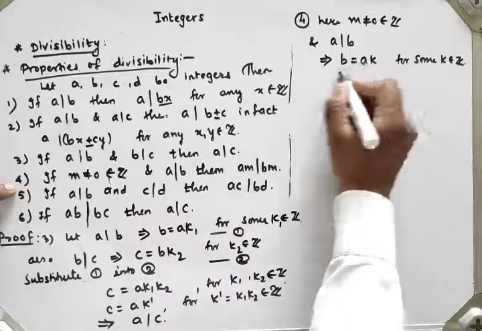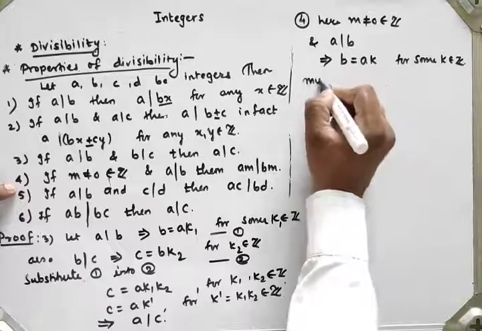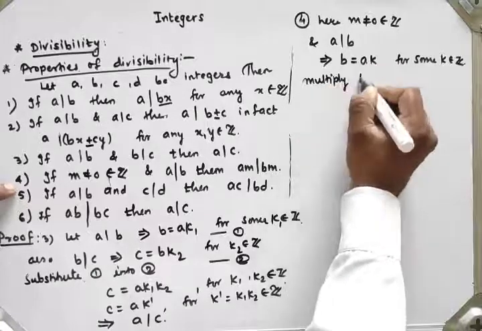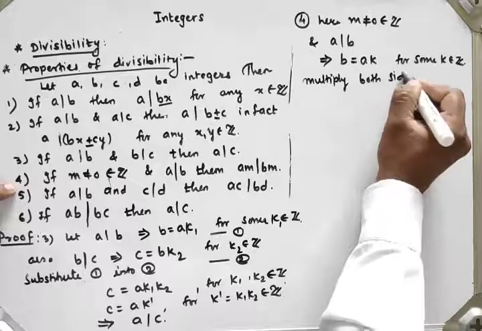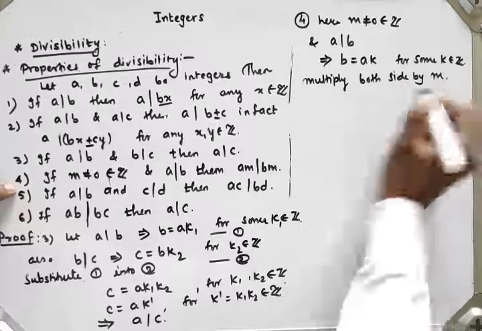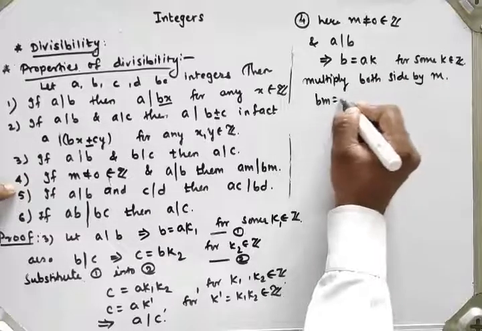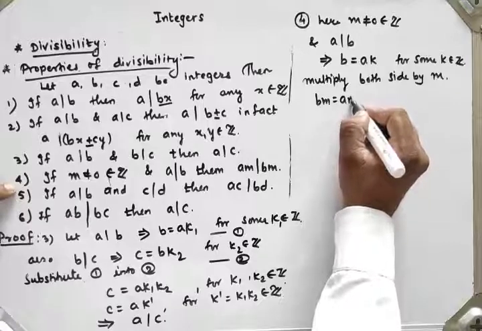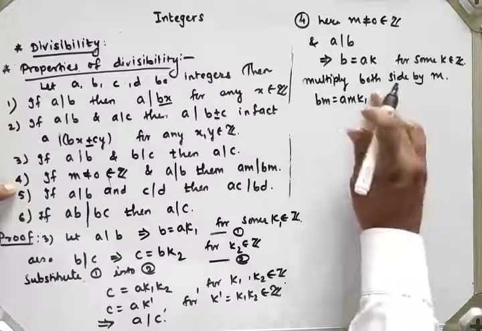Now multiply both sides by m. So what will we get? bm is equal to am into k.